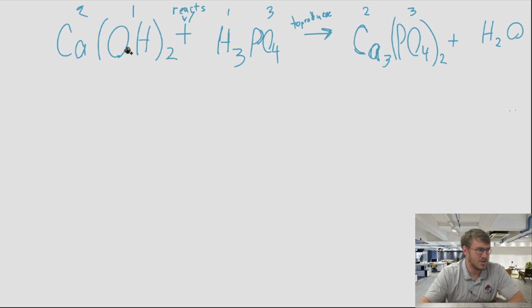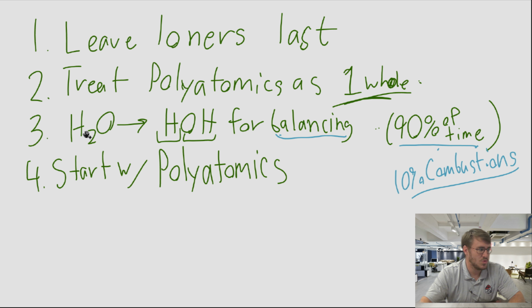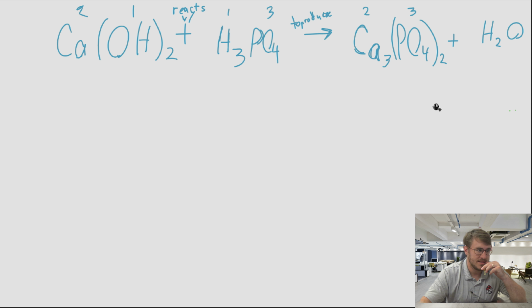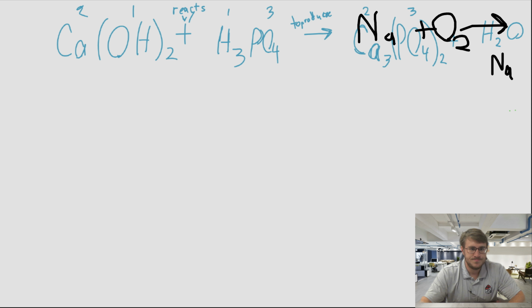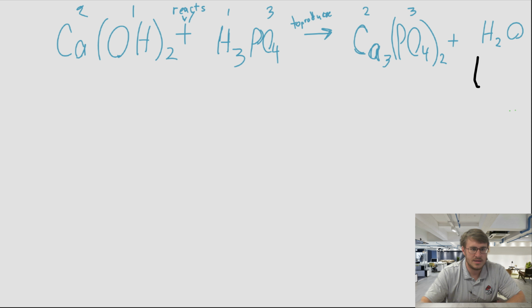Now you might say, well, where'd the OH go on this side? Well, I'm glad you asked, because the next step is turn H2O into HOH 90% of the time for balancing. The reason is that writing it as HOH, you get to actually see it in the ionic format.